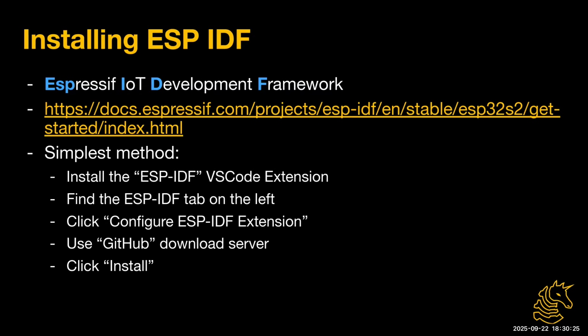The next step is to fetch one of their example projects. Go to show examples, just use the default path that it gives you, and you should find this hello world example. If you're having any issues finding the example, let me know.